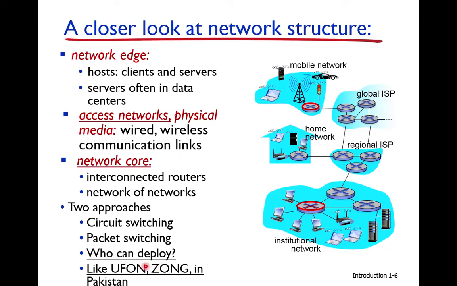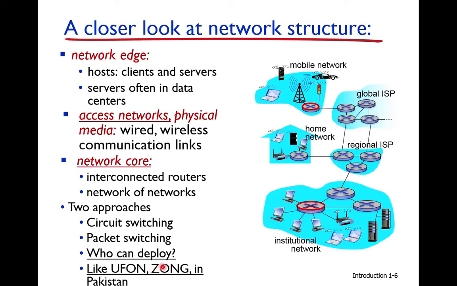Similarly, there are multiple ISPs, and these ISPs should be connected with each other. Why? Because if a user from one ISP wants to call a user in another ISP, there should be connectivity. There may be some areas where only the Ufone provider is available, but there are some areas where only the Zong provider is available.